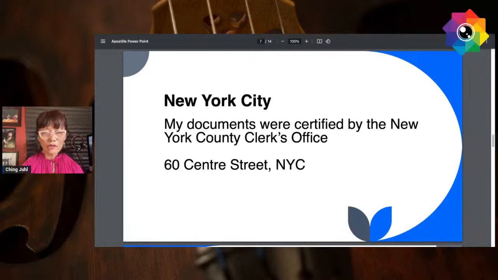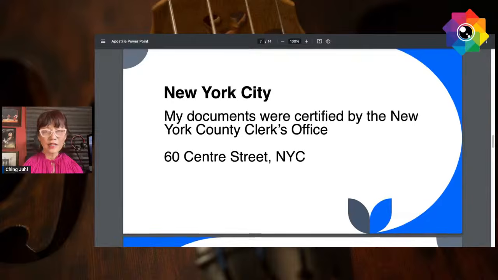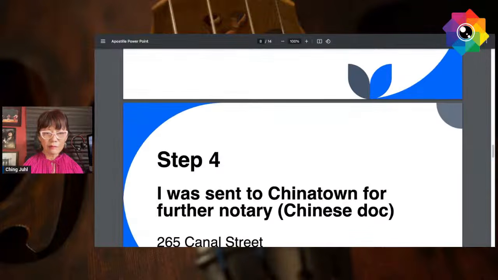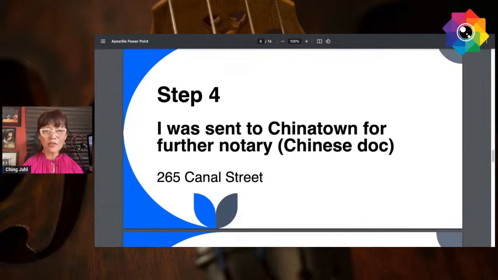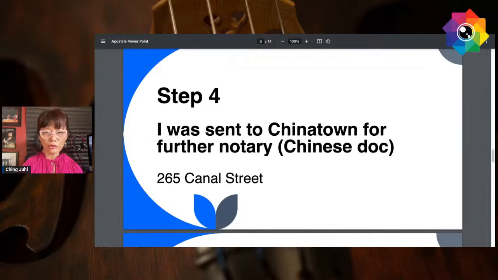When I went to the New York County Clerk's office the first time and showed them a document that was Chinese and English combined, they could not certify it because there's Chinese. So they sent me to another address in Chinatown. And step four, I was sent to Chinatown for further notary. It's at 265 Canal Street.